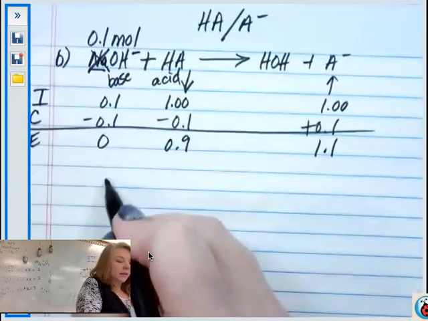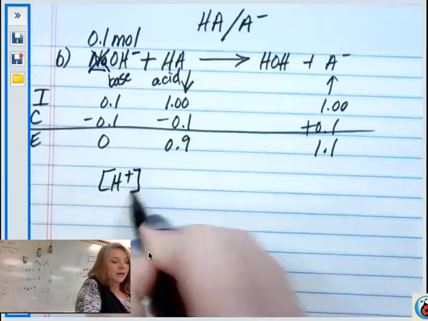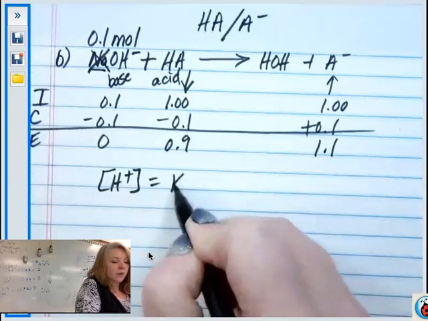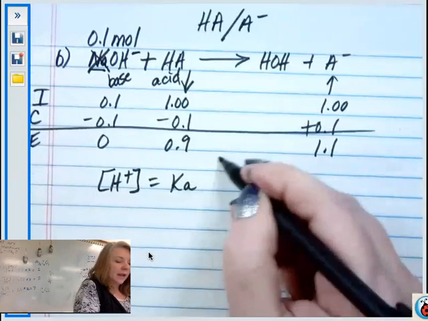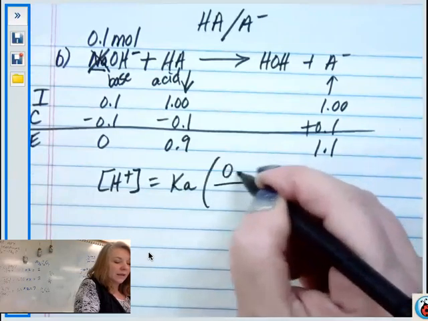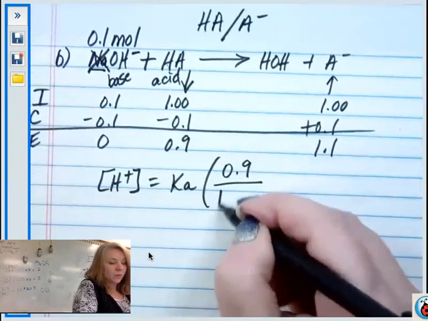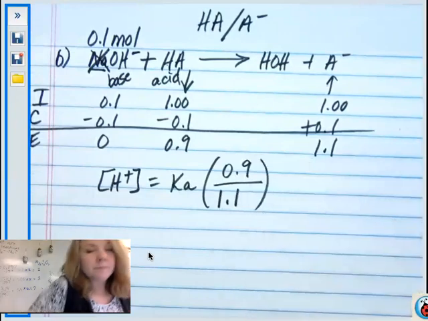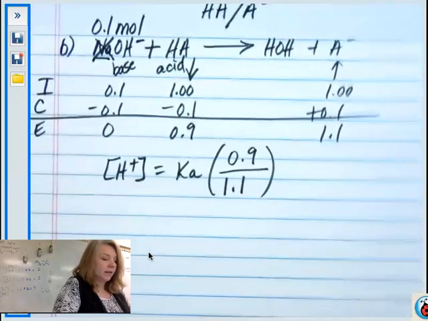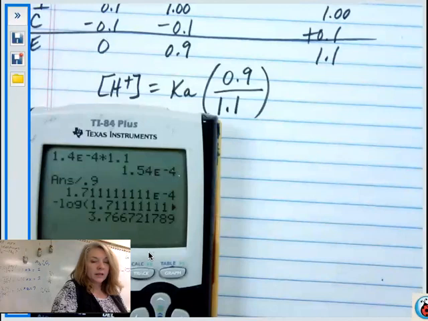So now we're going to plug that into our Ka expression, just rearranged. Ka is acid over base, so 0.9 goes on top this time, and 1.1 goes on the bottom. Okay, so I'm going to plug that into my calculator, and then we're going to take the negative log of that.